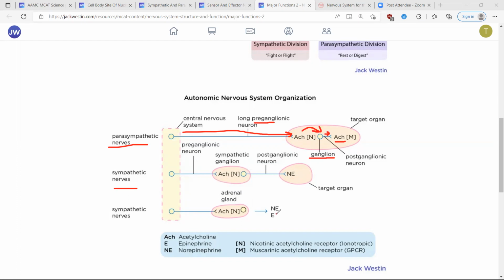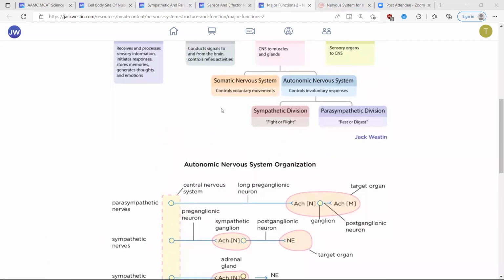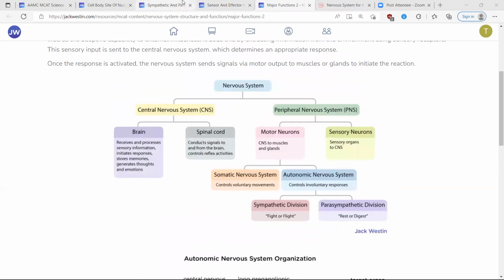The adrenal gland is the one that's releasing this norepinephrine. So we put acetylcholine on it, and that leads to norepinephrine and epinephrine being released. So those are two different ways of the autonomic nervous system being divided.